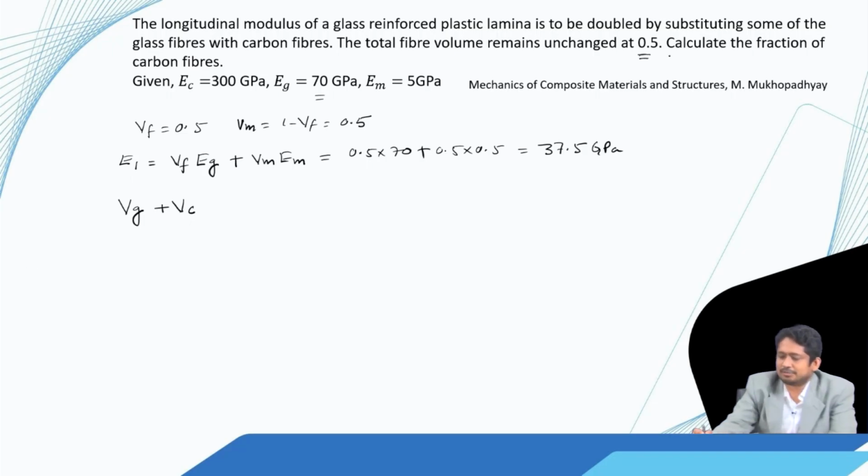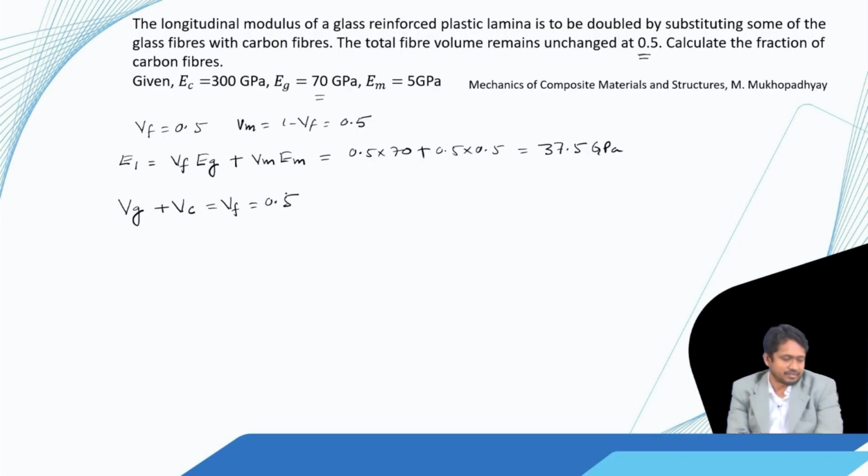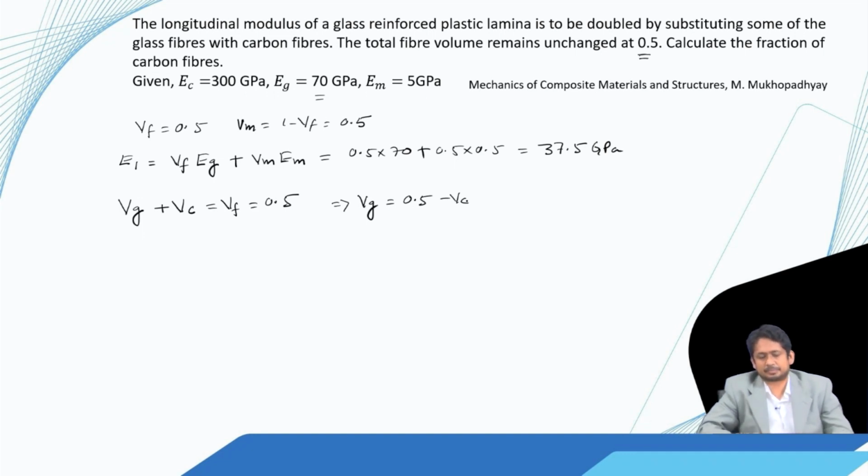Now, because the total volume fraction of the fiber remains unchanged, so that is equal to Vf is equal to 0.5. So, we can write Vg as 0.5 minus Vc.